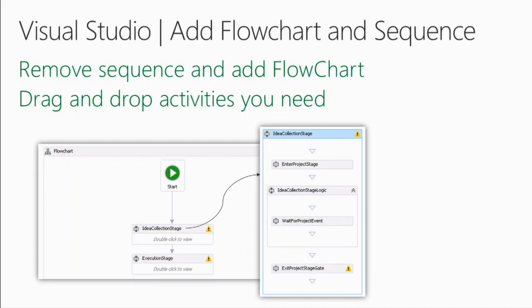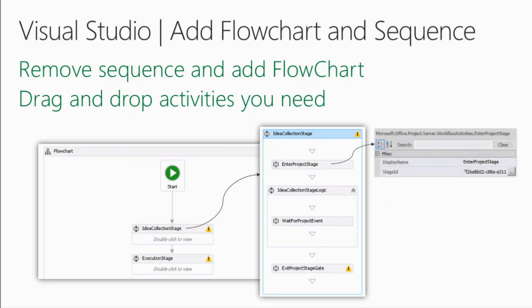And inside here, you're going to have another sequence that's going to say what's the stage logic? And you can put whatever activities you want in here. I chose to put a wait for project event. And the way you say what stages you're going to use, you have to put GUIDs here. This is something that we did in SharePoint Designer that we did not do in Visual Studio.